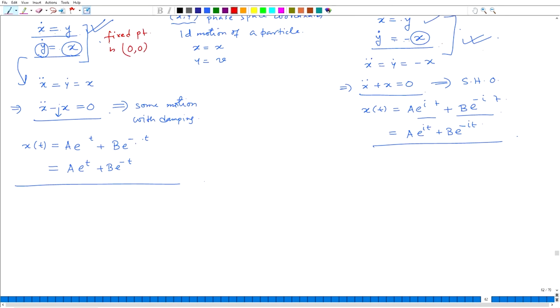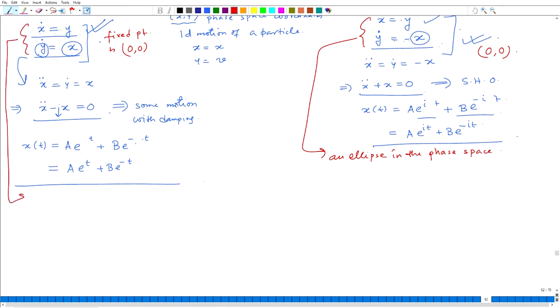Already we have shown in some of the lectures that in the phase space these equations lead to the equation of an ellipse in the phase space, and this one gives you a hyperbola in the phase space.